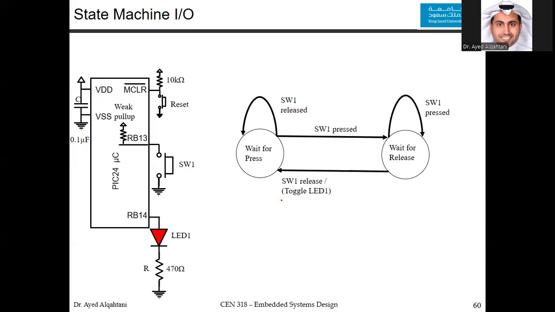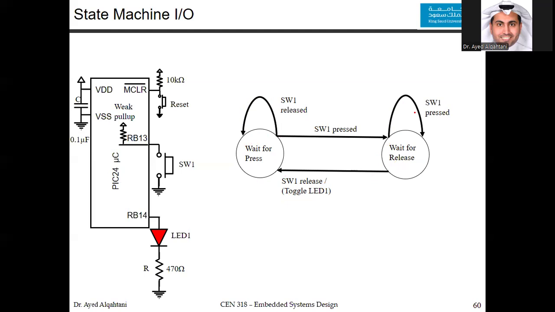And now you know that you should toggle the lid. So you toggle the lid if you were waiting for a press and the press happened, and then you were waiting for a release and the release happened. So a press and release happened. Now you can toggle the lid. Otherwise, for any other event, you will be stuck in the same state.